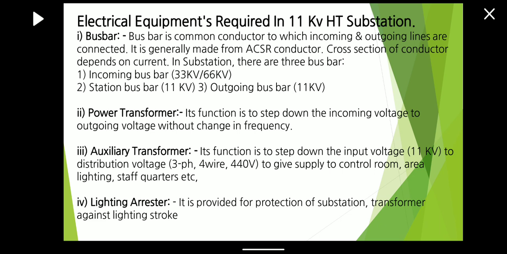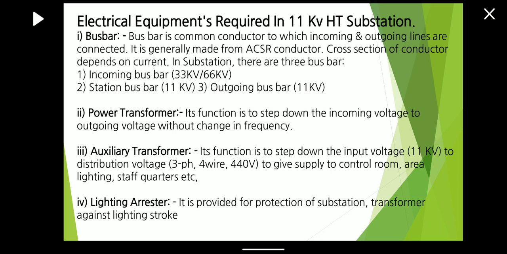Then the electrical equipment required in the 11 kV substation. First one is the bus bar. Bus bar is the common conductor to which the incoming and outgoing lines are connected. It is generally made up of ACSR conductor. The cross section of the conductor depends upon the current.